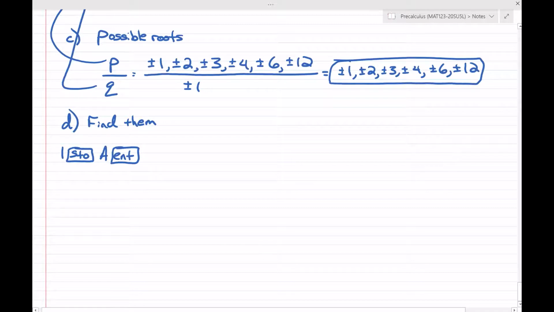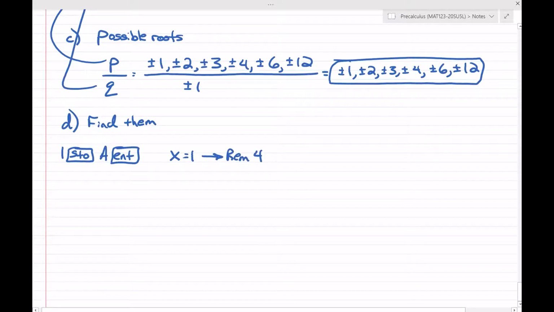Now what I'm going to do in my calculator is I'm going to type in mem variable to get to A. So I'm going to hit mem variable A to the third minus mem variable A to the second minus 8 mem variable A plus 12 and hit enter. So when A is 1, or really when x is 1, I know that the remainder would be 4.